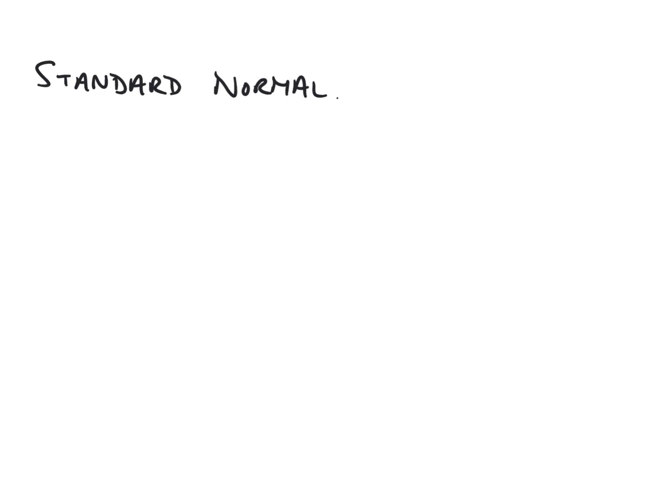We try to convert things into something that has a standard normal distribution, because then we can look up the probabilities for the standard normal distribution. However, the standard normal distribution is not what we see most of the time. We see other normal distributions with different means, different variances. So then we talked about normal distributions in general.